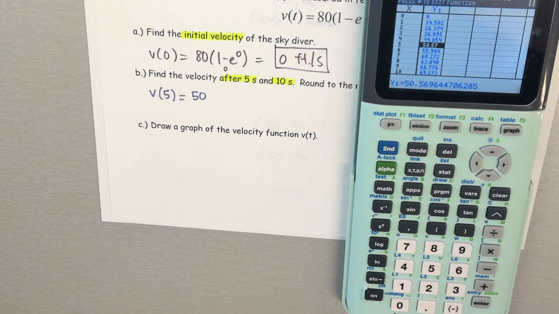And then I want you guys to practice your round and make sure you got that down. And make sure you guys charge up your calculators because you're going to need them tomorrow.